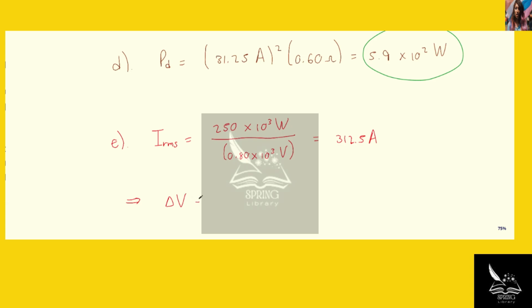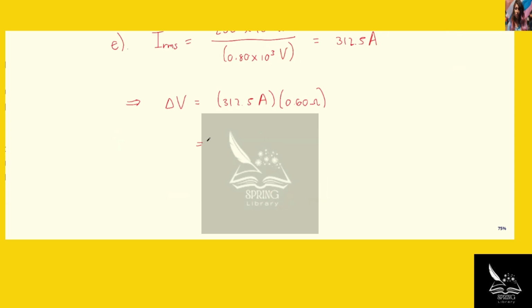So the potential drop ΔV is 312.5 amperes times 0.6 ohms, which is 1.9 times 10 to the power 2 volts.